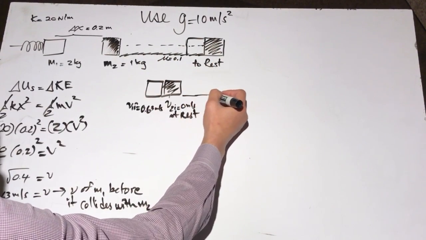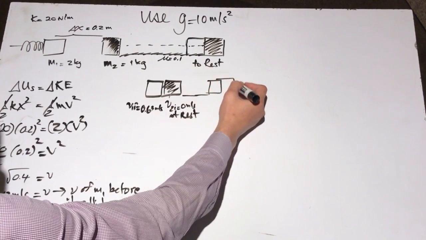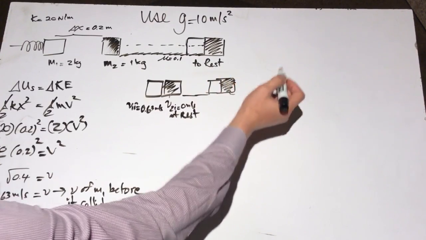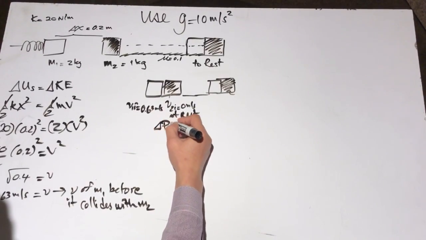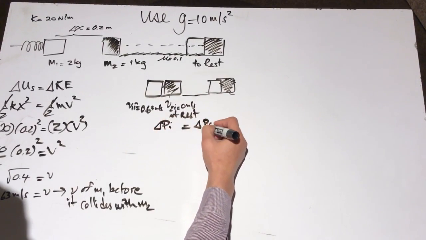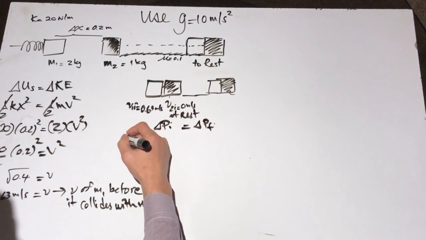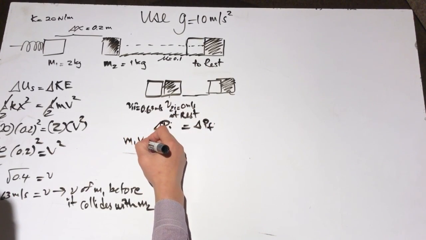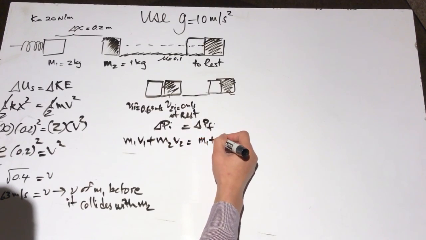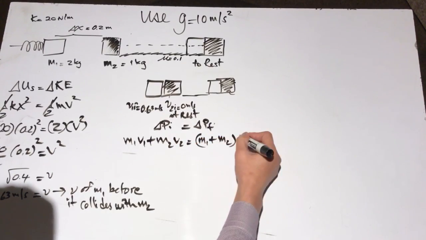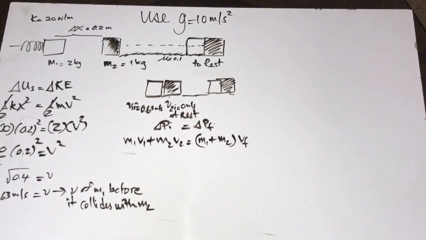And after that, it sticks together. So this is the concept of momentum: Pi is equal to Pf. M1 times V1i plus M2 times V2i equals (M1 plus M2) times V final.